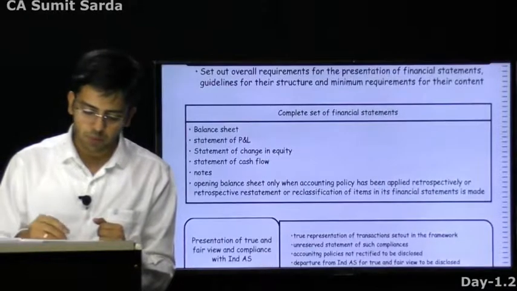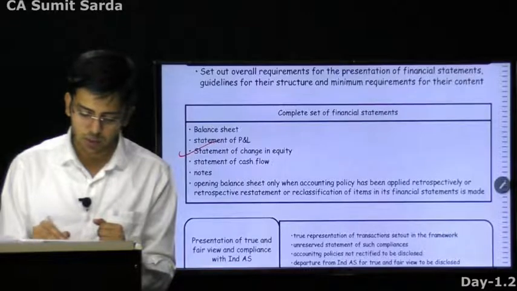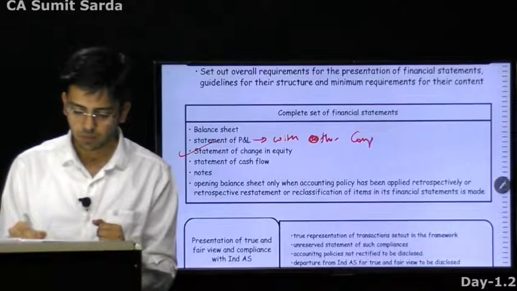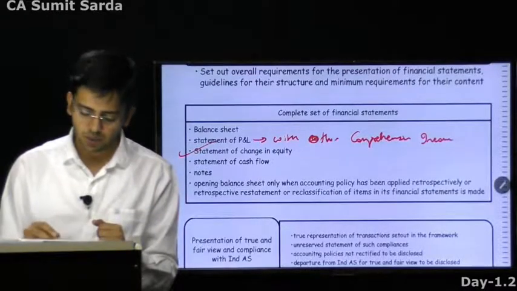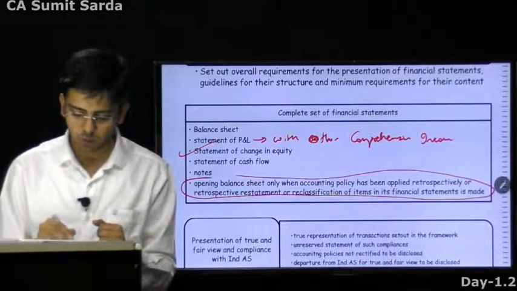Okay, so now the complete set includes statement of change in equity, and then there is P&L with other comprehensive income, and we have one more statement. This is required in case of change in policy.